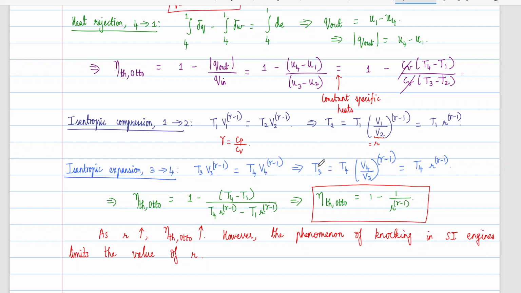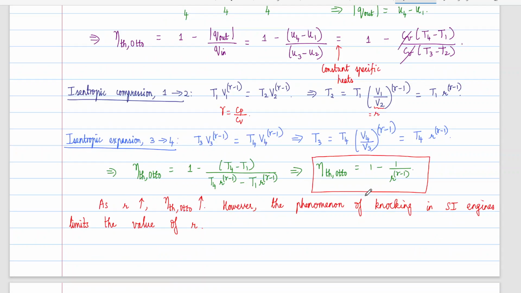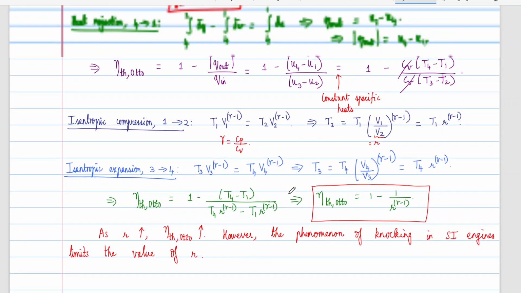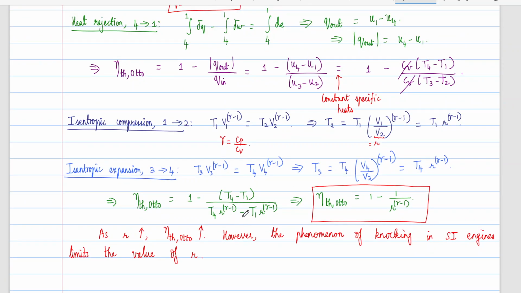Gamma is Cp by Cv, and R is the compression ratio. So it's fairly straightforward. I hope this will help you in answering that.